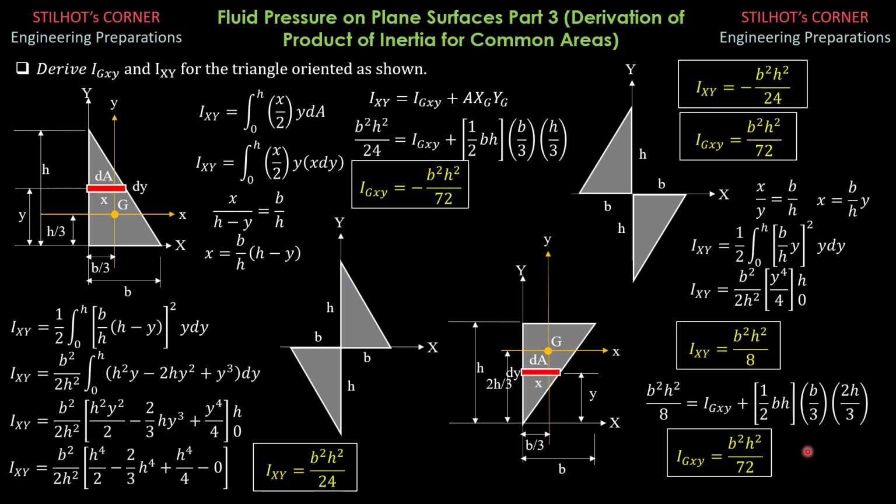So that's it in this video, and I hope that you were able to follow the explanation, the solutions, the derivations, and I hope that for other shapes, unsymmetrical shapes, you can also derive the centroidal as well as the product of inertia of non-symmetrical areas with respect to xy or with respect to the centroidal axis.